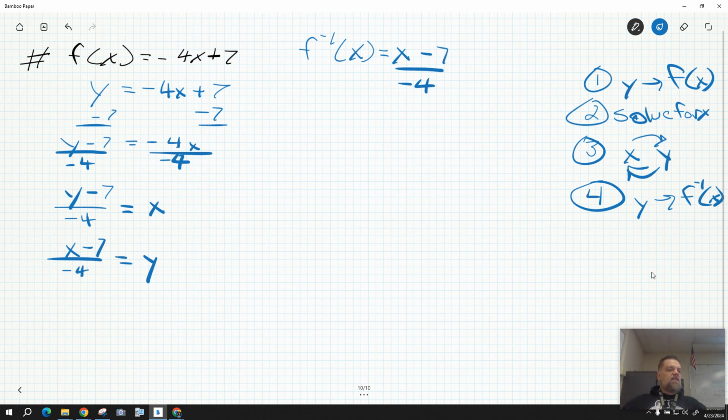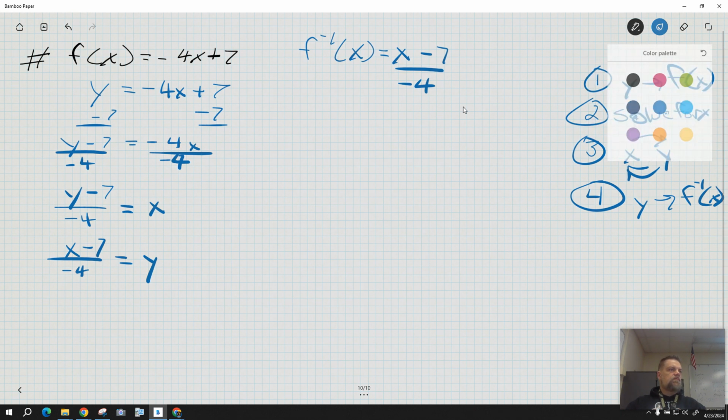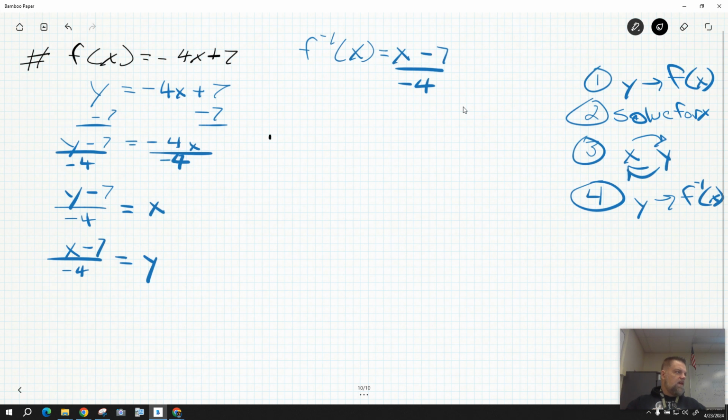And then lastly, what they want us to do is graph this. So to graph this, I'm just going to draw a graph on my graph paper as best I can with this tablet.